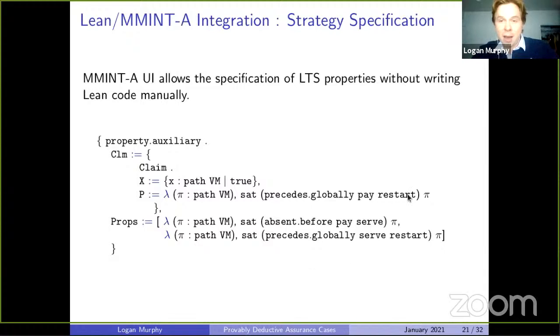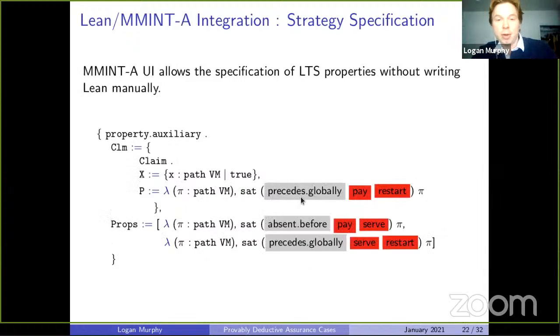In gray here are the particular formula patterns from our catalog that the user has chosen: precedes globally, absent before, precedes globally. And in red here are either states or actions from the particular system model that they provided. So just by choosing from a drop-down menu which formulas they want and which states or actions they want to include in those formulas, we can put it into the rest of this templated code without them having to learn how to write Lean themselves.